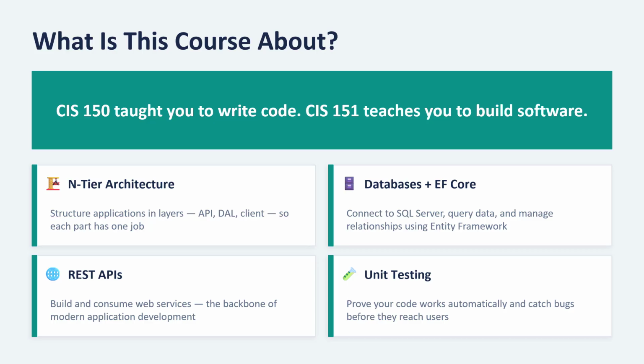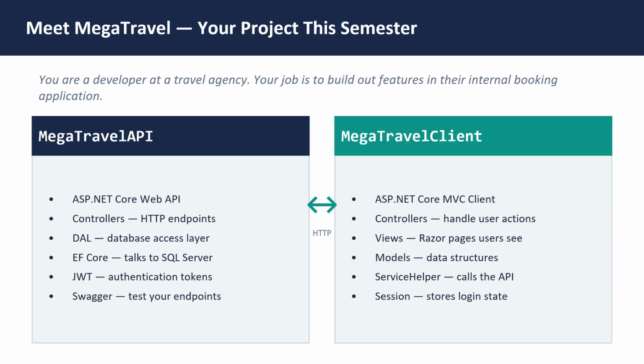REST APIs, building and consuming web services, which is how virtually every modern application communicates. And unit testing, proving automatically that your code does what you think it does. Every one of these is a skill that employers ask about in interviews. You'll have real experience with all 4 by the end of this semester. So let's dive in and meet Megatravel.